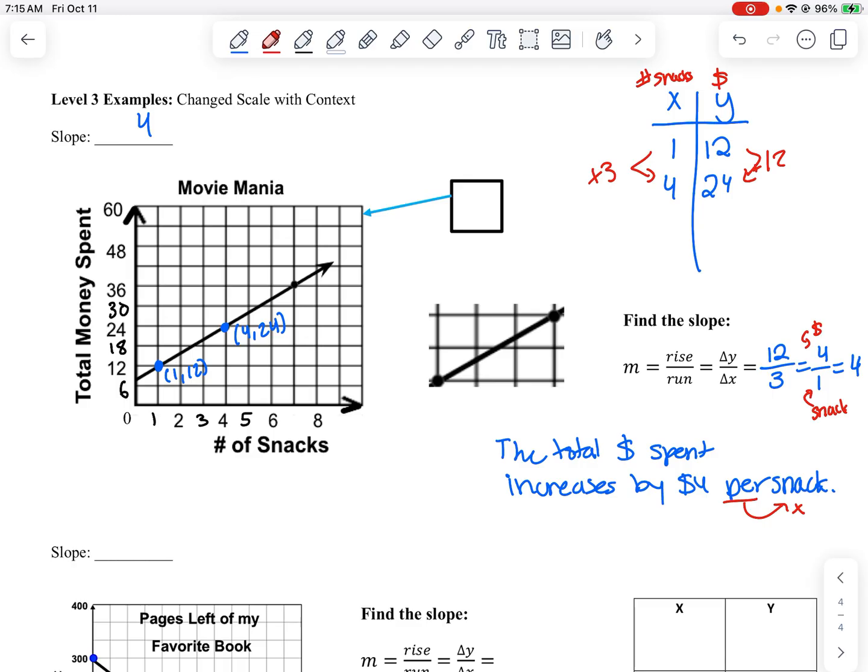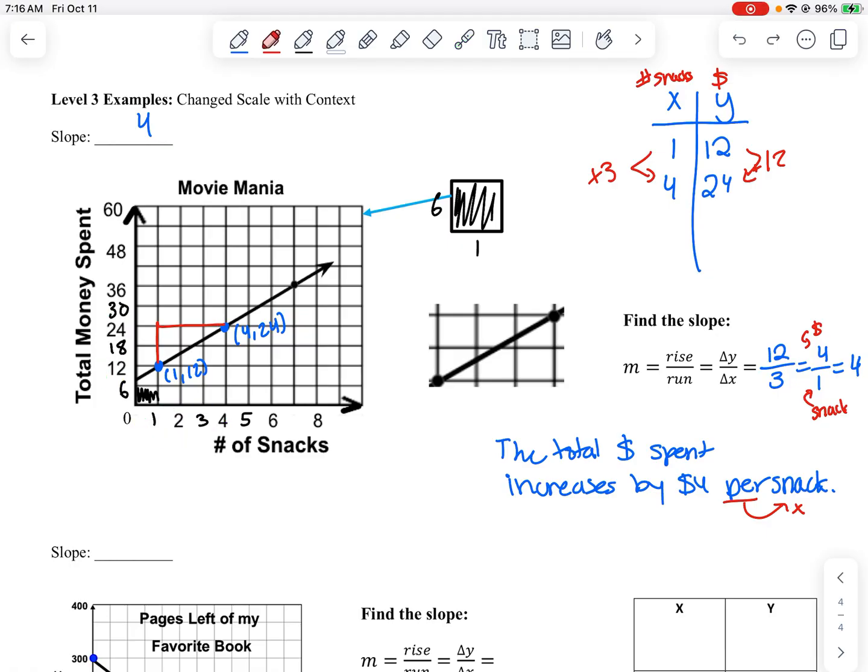A different strategy would be to figure out what we are counting by. So we saw that each box, if I were to take just this box right here and do it over to the side, was going up by 6 for y and up by 1 for x. So I could still draw in my rise and my run, or my change in y and my change in x, but you might think it's 2/3 by counting boxes, but we need to use these numbers here.